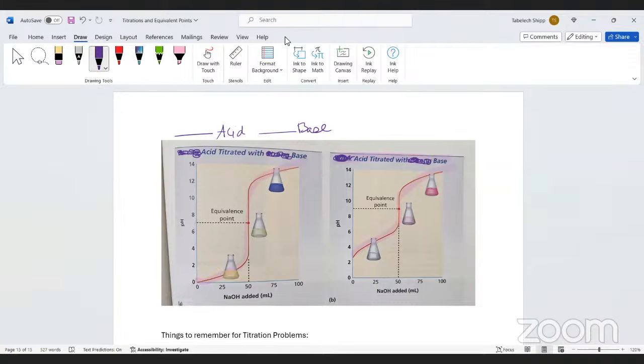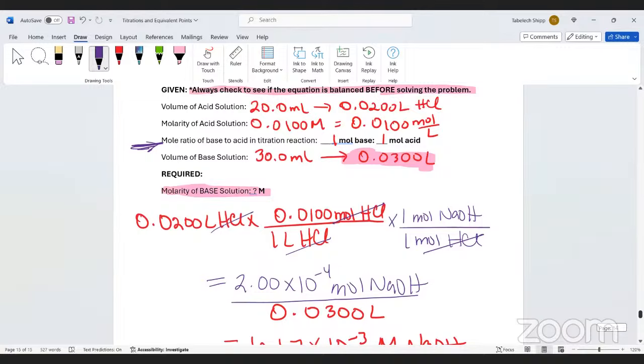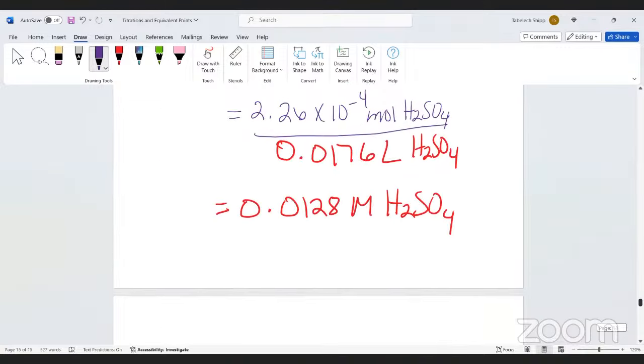So for instance, and this may not be your question, if you did this problem right here, let me go back up to this one, and I tell you to calculate the pH of this problem right here, 0.0128, to see how strong or weak it was, you could just take the negative log of that value to get the answer.